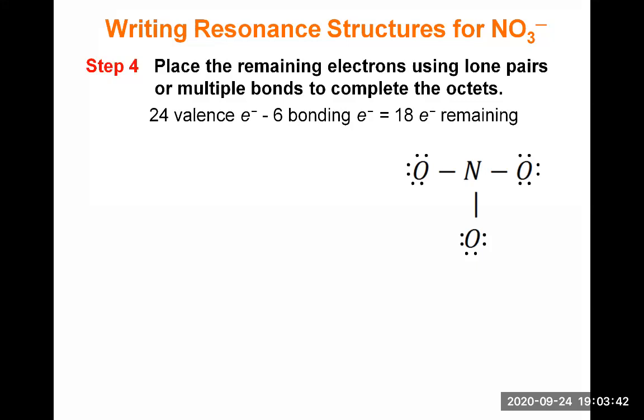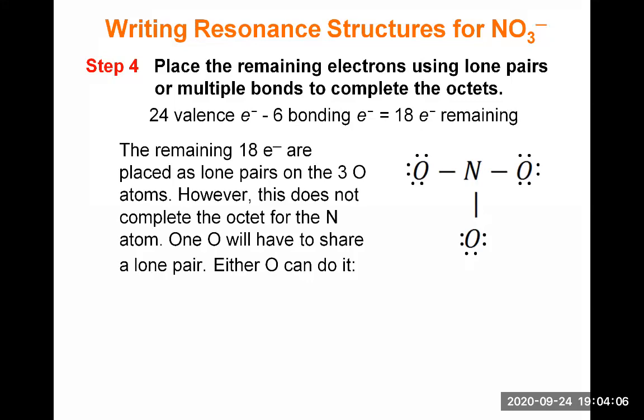That's 6 electrons plus the 2 from the single bond. That's 8 electrons around them. So each oxygen this way will reach an octet. And by doing this, 3 times 6 electrons per oxygen, that's 18. So the remaining 18 electrons are placed as lone pairs on the 3 oxygens. However, this does not complete the octet for the nitrogen atom. You can see it is surrounded by 6 electrons only.